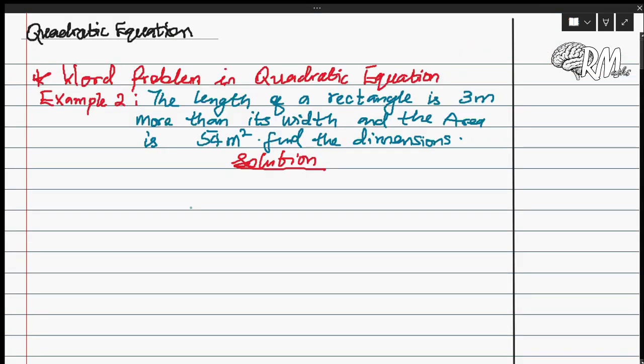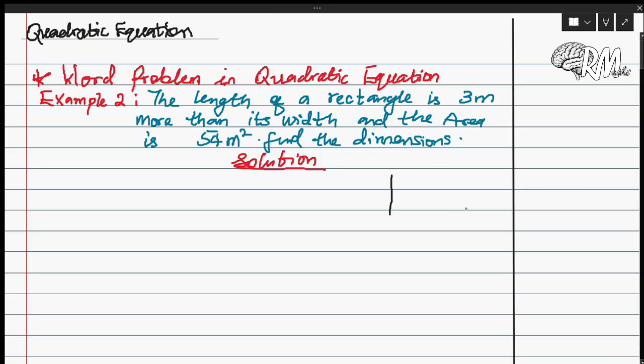So still under the word problem in quadratic equation, example 2, which says the length of a rectangle is 3 meters more than its width and the area is 54 meters square. Find the dimensions. This one is also a very easy question. First, you just have to draw a rectangle.